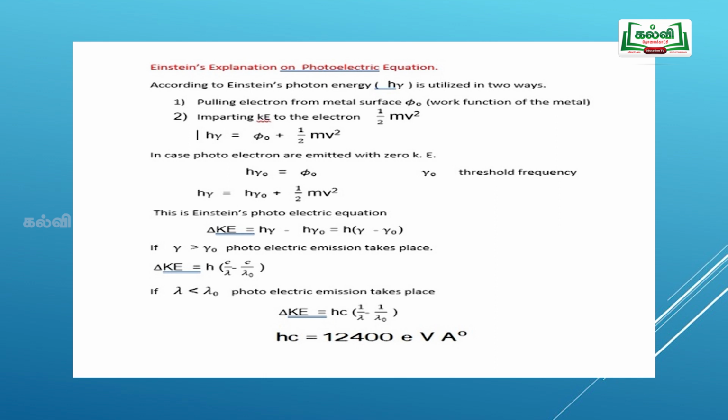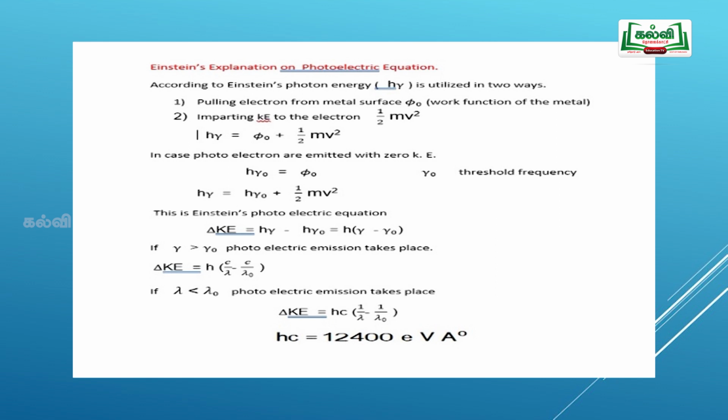So there is an interaction between the photon and the electron in the metal. When you have 3 photons, 3 electrons will come out of the metal depending upon the energy. So the number of photons is directly proportional to the number of electrons that come out of the surface. That's what we call the intensity of light.